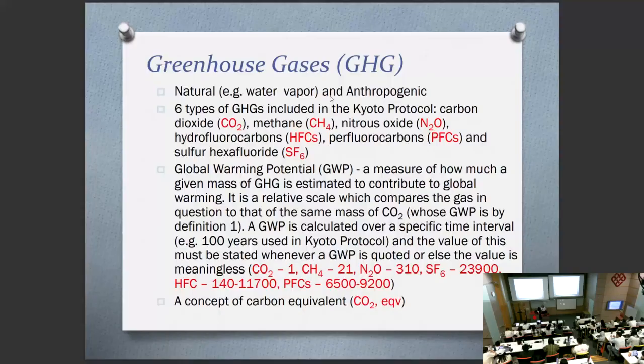So 1 kg of carbon dioxide equivalent, maybe due to methane, has the same heat trapping ability as releasing 1 kg of carbon dioxide. So equivalent means equivalent to the radiative forcing of carbon dioxide.